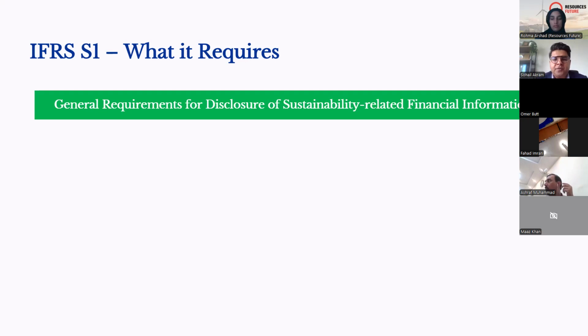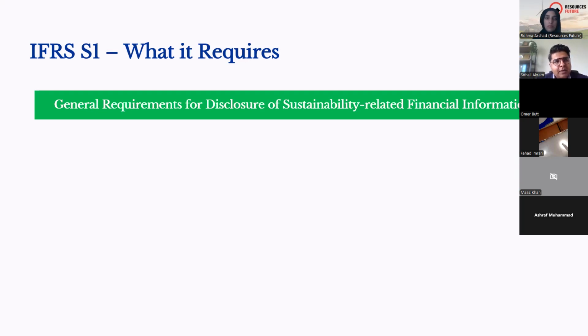These are the primary users. And the sustainability reporting standards and the disclosures that have been outlined or will be outlined in coming years would be around the needs of these primary users.